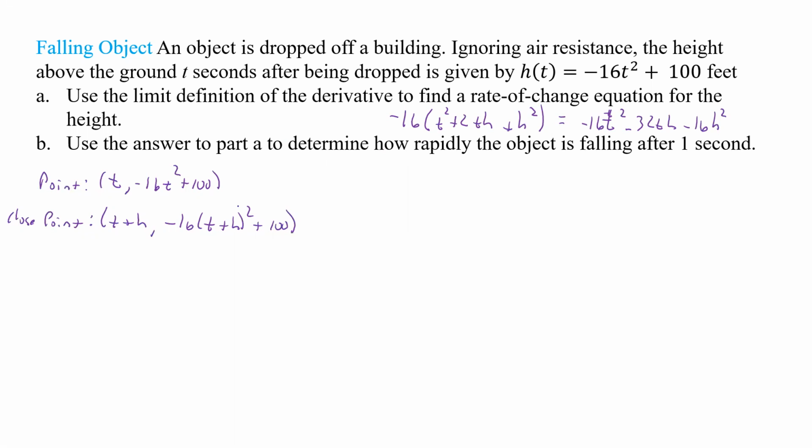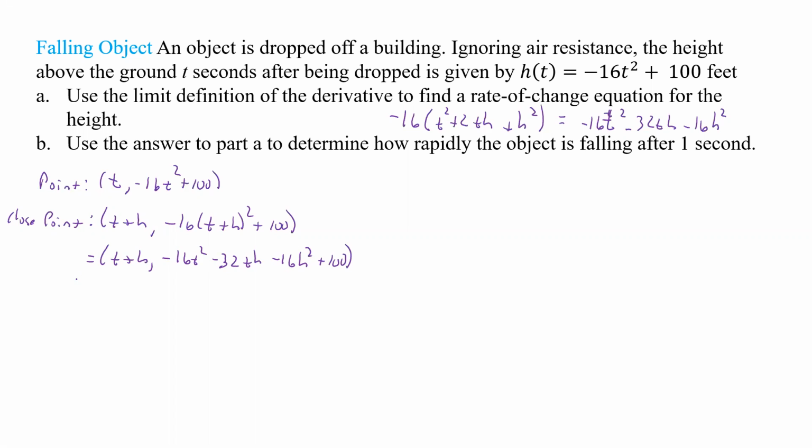Okay, and then plus 100 when we get that. So now we'll add that in, and so we have t plus h, negative 16t squared minus 32th minus 16h squared plus 100.